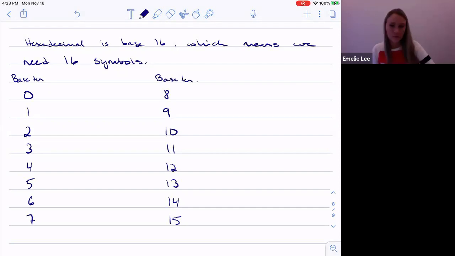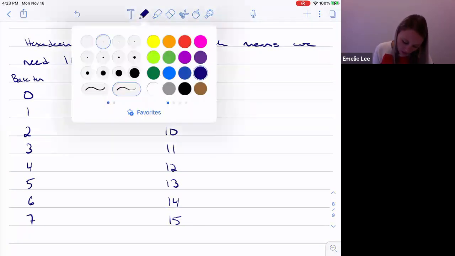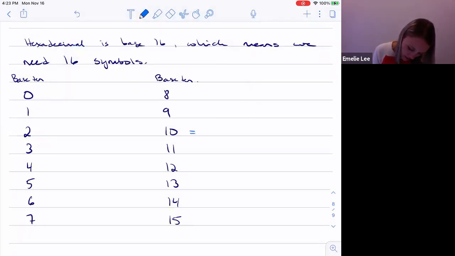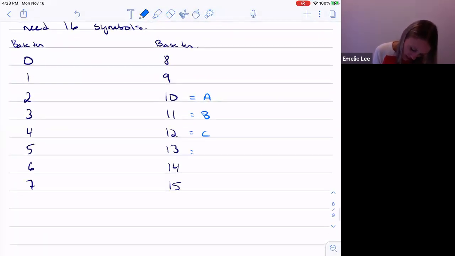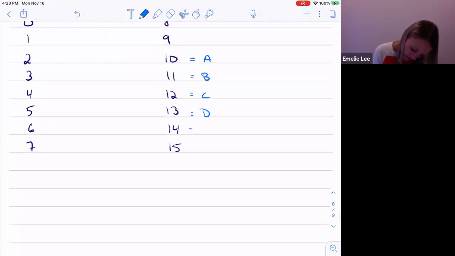But what happens is we run out of symbols here because now we're recycling our old symbols, 1 and 0. So we say that this is going to be A, B, C, D, E, and finally F.